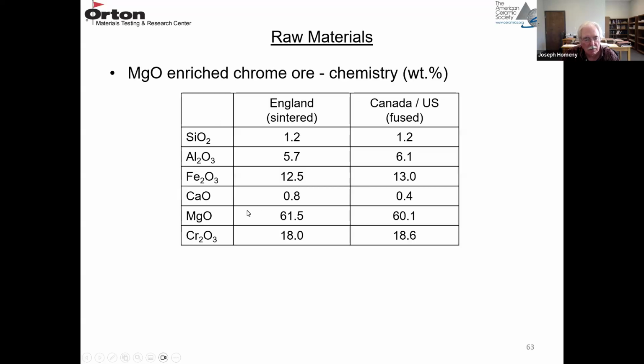So these are enriched substantially in MgO. The chrome contents are down to about 18%. Here we have Fe2O3 and Al2O3 are still the other fairly significant or major components. SiO2 and CaO are here in lesser quantities. So this one's enriched with MgO.